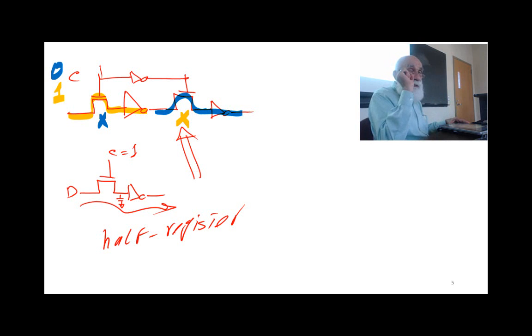So there will be a short amount of time that you do have transparency, and for that they do non-overlapping phases of a clock. I'm not going to get into that. All right. So that was flip-flop timing and CMOS or the transistor level flip-flop as well.